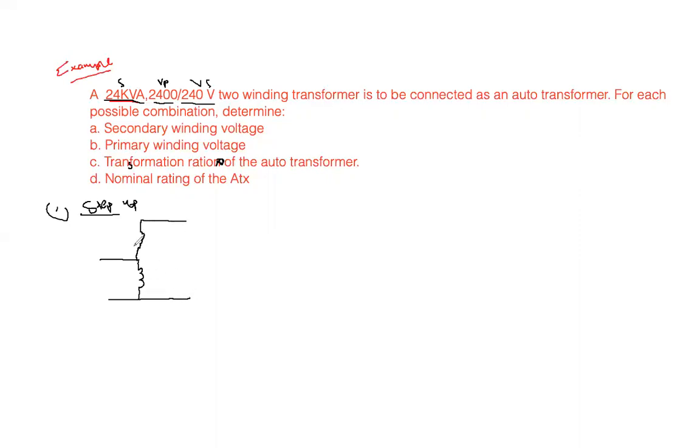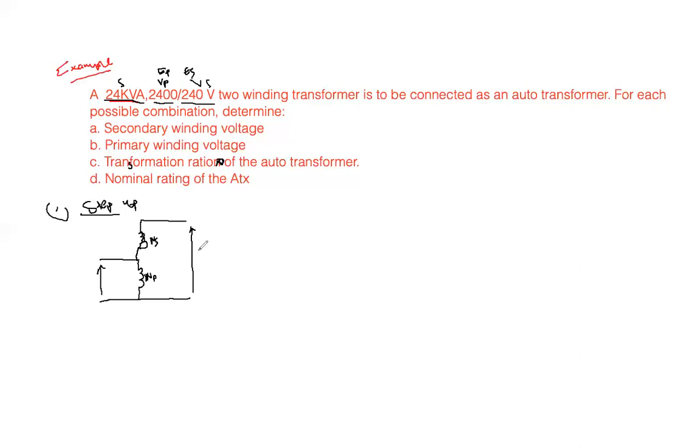This is the arrangement of the step up autotransformer. Since I said I'm going to do one, I'll choose this one to be the primary, so I'm going to have VP. This is going to be the primary terminal, this is going to be the secondary terminal. Then this one you can call EP also, and you can call this ES also, right?